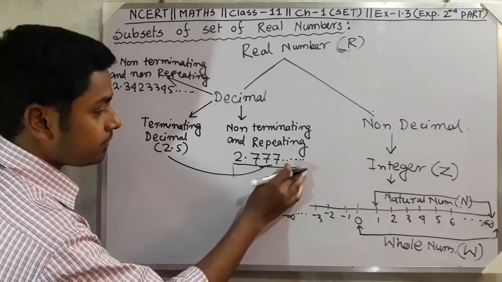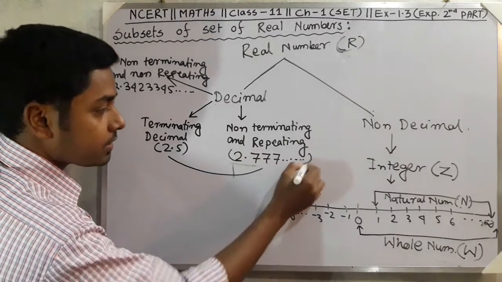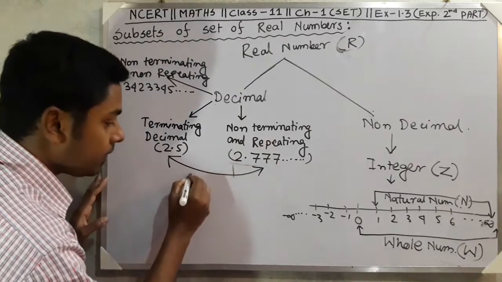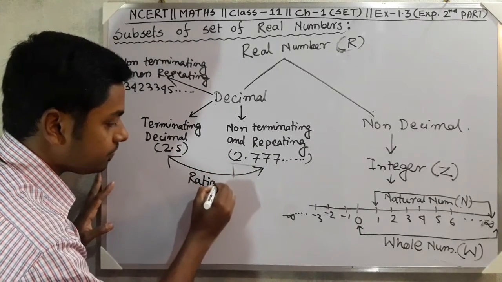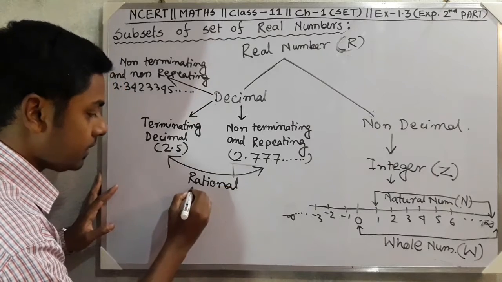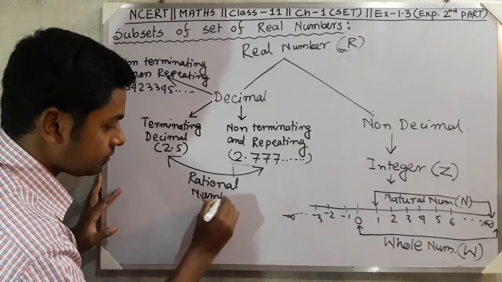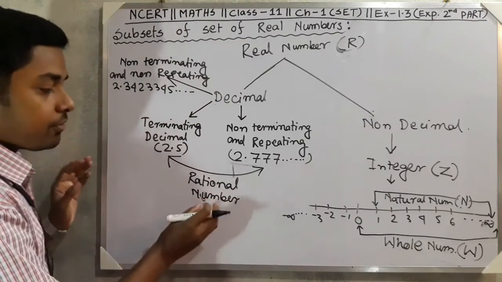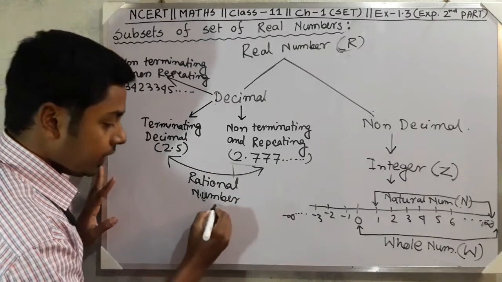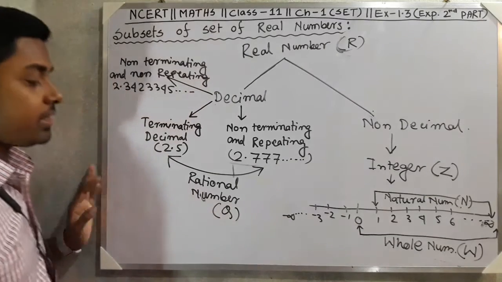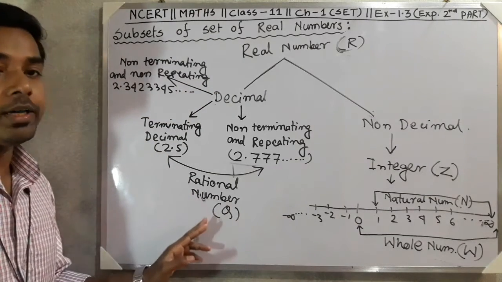So these two things are rational number. And set of rational number we represent by Q.